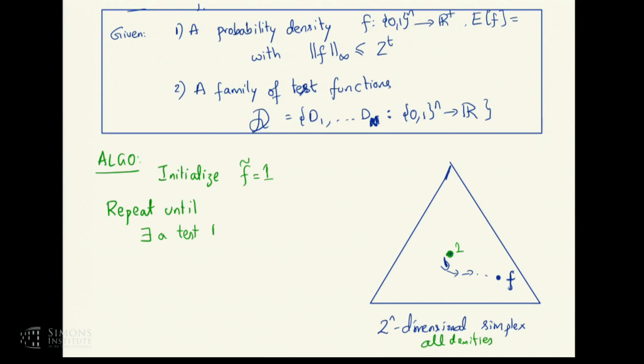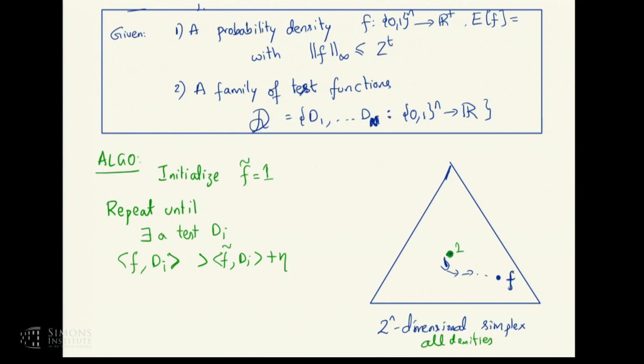If there exists a test di such that the inner product of f with di is very different from the inner product of f tilde with di. So let's say it's much greater than the inner product of f with di plus eta.